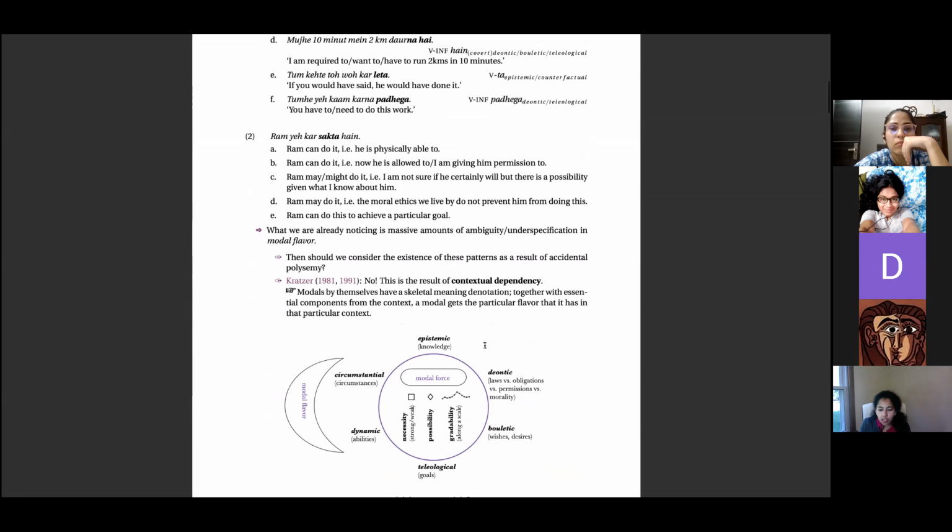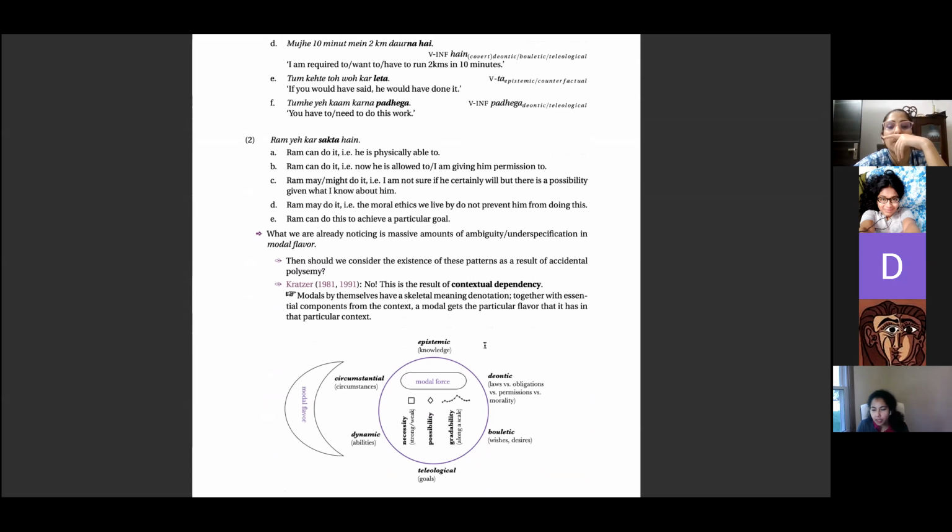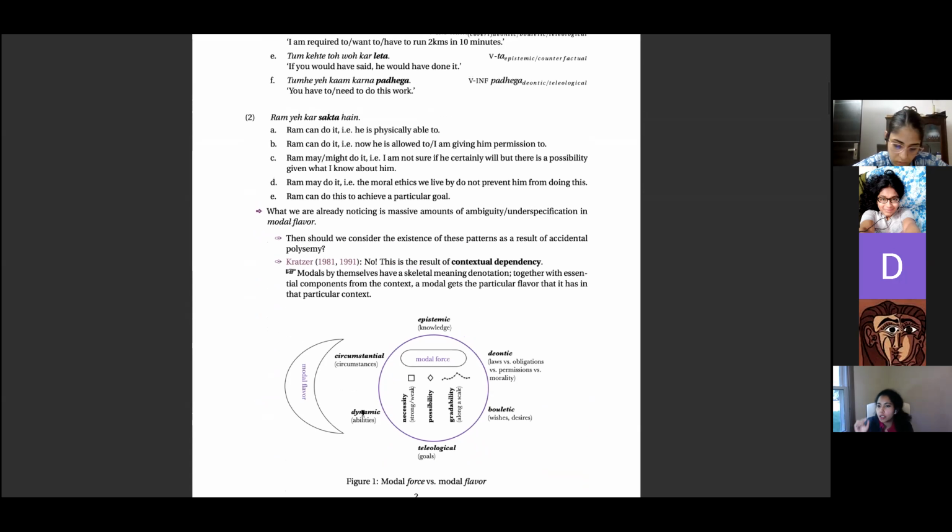So I have drawn this diagram here to show you that modal flavors can be many. The modal flavors you see outside the circle, and then each modal flavor can come with a different modal force. Primarily in this diagram, I'm trying to distinguish modal flavor from modal force, which are two central concepts of modality.